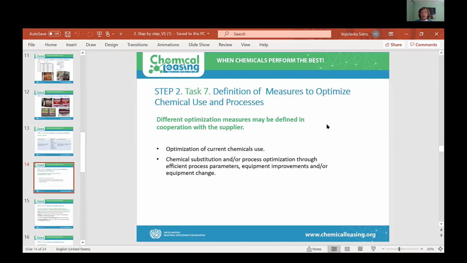What can be done? We can optimize the current chemical which is in use, like in metal processing, or we can substitute the chemical, that is this other, confectionery producer. We can change or substitute chemical and optimize the production process.